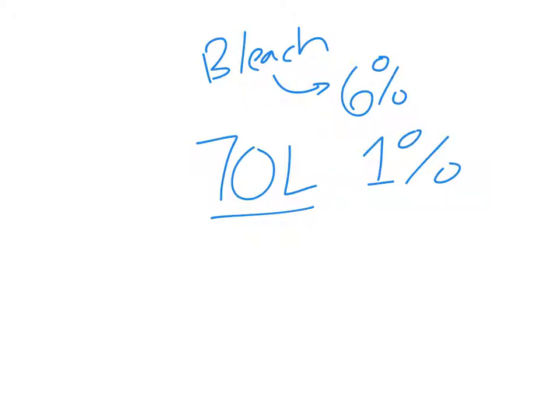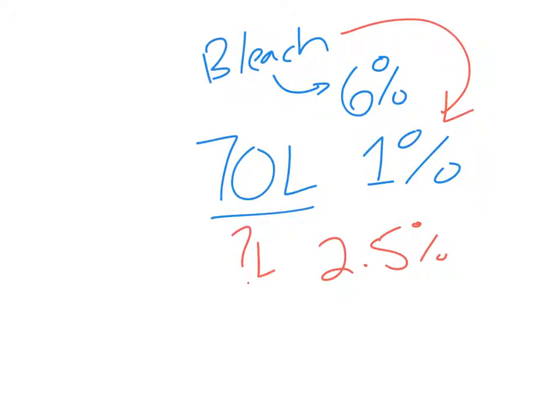I want to know how much bleach we would be able to combine. How much of that top product, the bleach product, would we be able to combine with this lesser hypochlorite solution to form something that is 2.5%? We're looking to see how many liters would create a 2.5% solution.